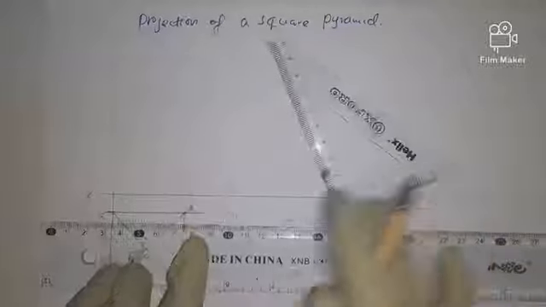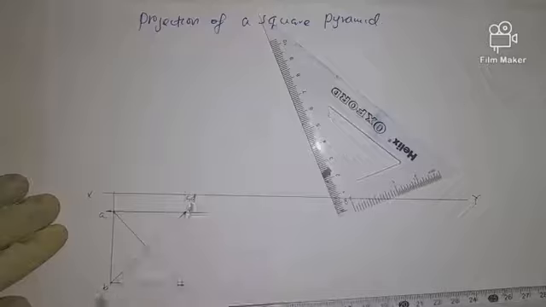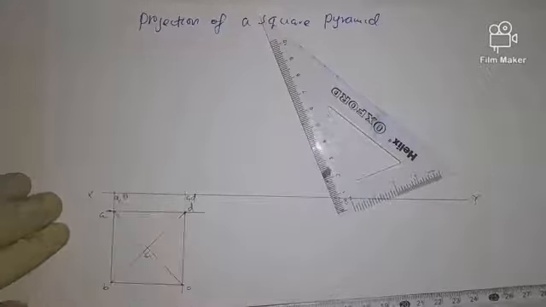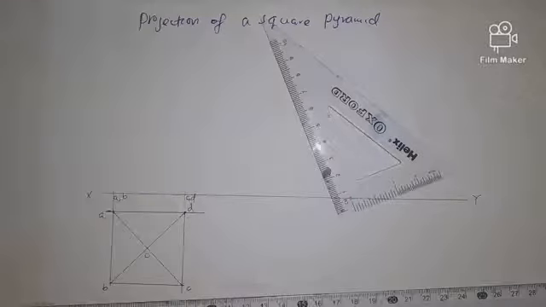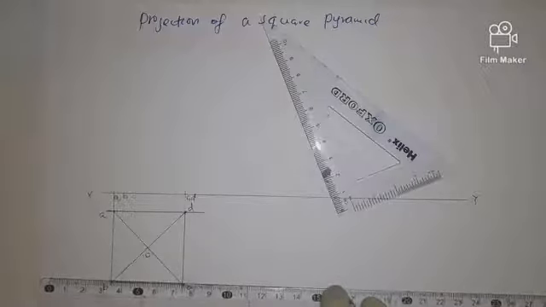So this one becomes CD, and this one is A, B. Now our vertex, we are saying the height is 60 millimeter long.